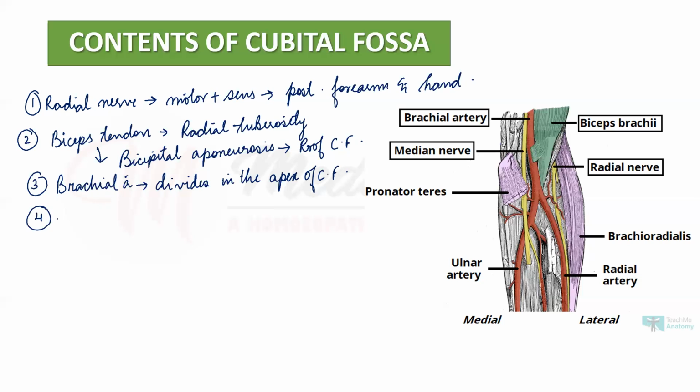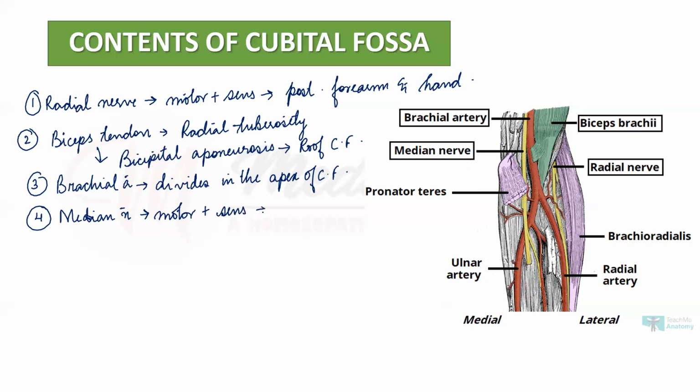Next is the median nerve. Remember, the median nerve travels medially through the cubital fossa and it exits by passing between the two heads of pronator teres. We have the pronator teres over here. Between the two heads, this median nerve exits. I'll write over here: it has motor as well as sensory function.